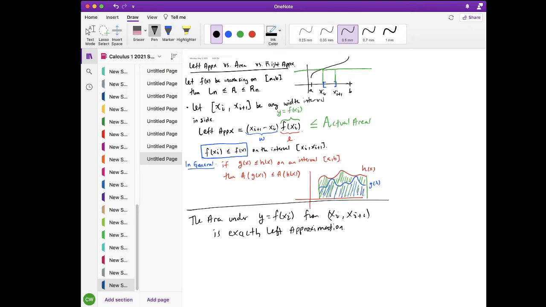So do you see the two functions here are f, which is the curvy function, and then y equals f of x_i. Does that make sense? I'm trying to compare this approximation case to this kind of obvious case here. Because f is increasing, obviously it's going to be bigger than the function y equals f of x_i on that interval.